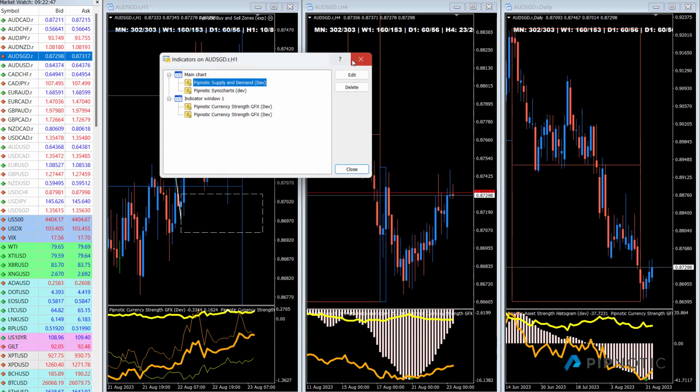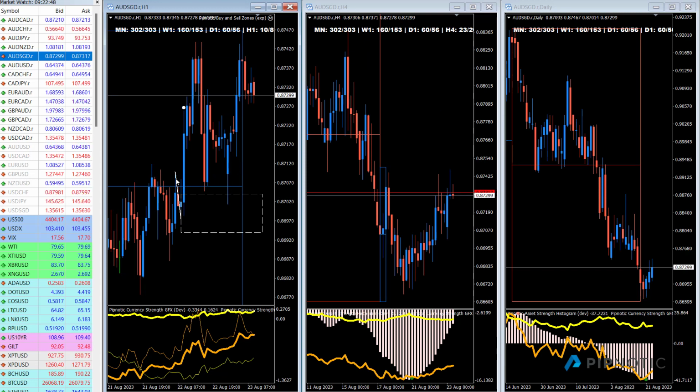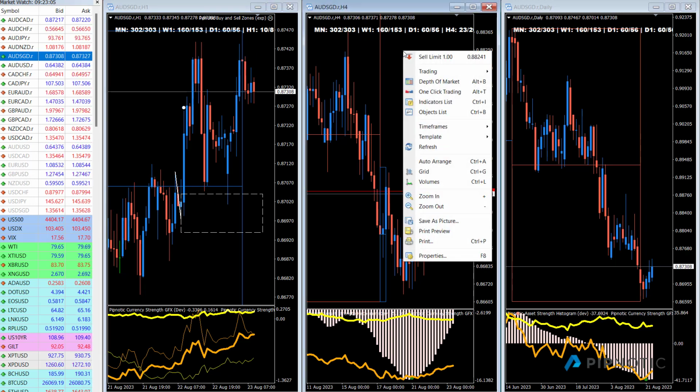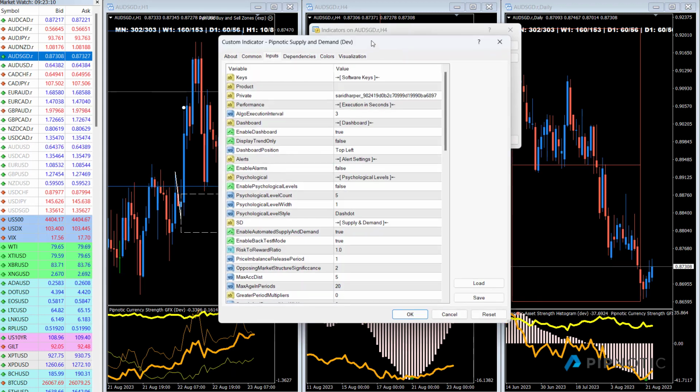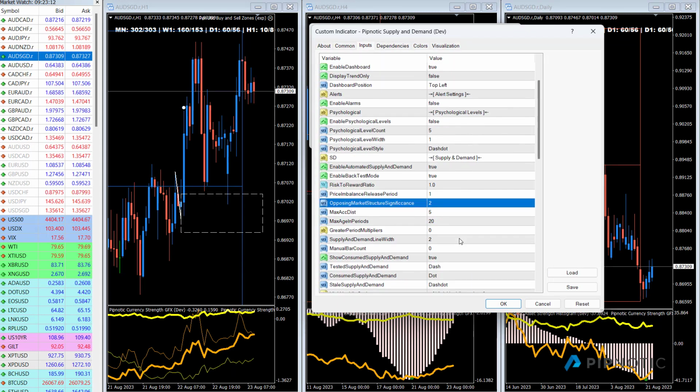And again, if you forgot what that is, that means that when an area of demand is formed, it has to move beyond a previous piece of market structure. Essentially we want a swing to signify that market structure, and so I want prices to move beyond a swing.